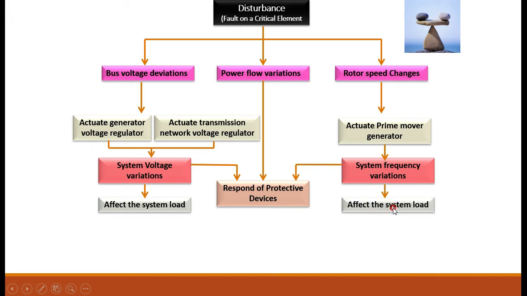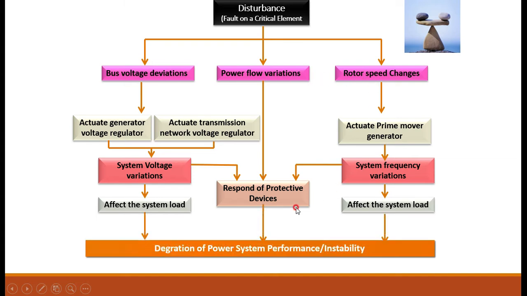Otherwise, a change in the system frequency also affects the system load. Ultimately, the effect of this disturbance, through changes in bus voltage, power flow, and rotor speed, is degradation of the power system performance as well as instability.